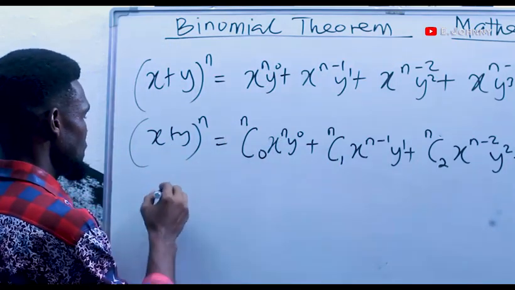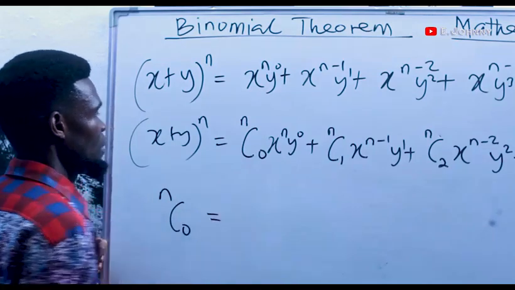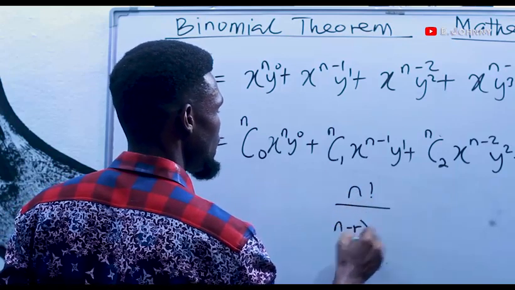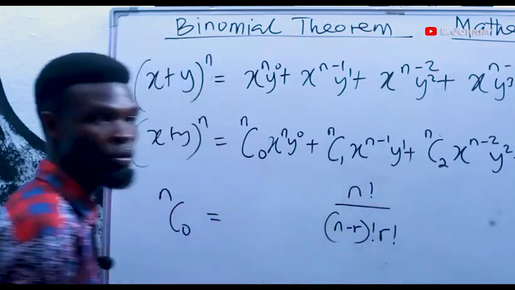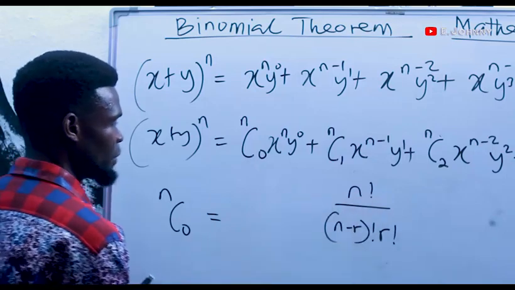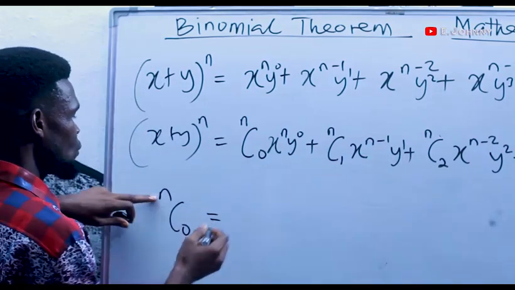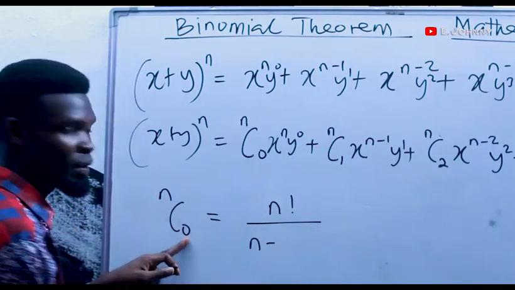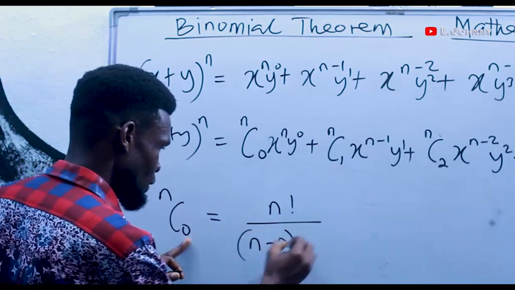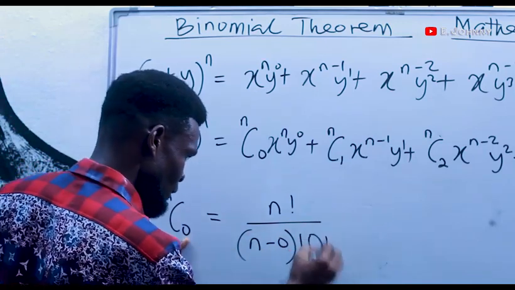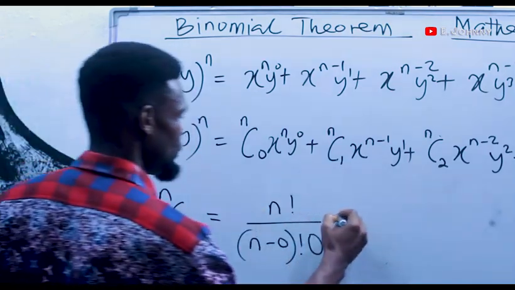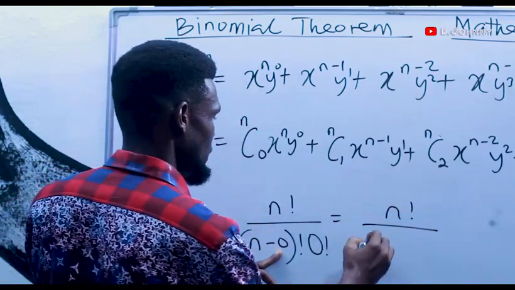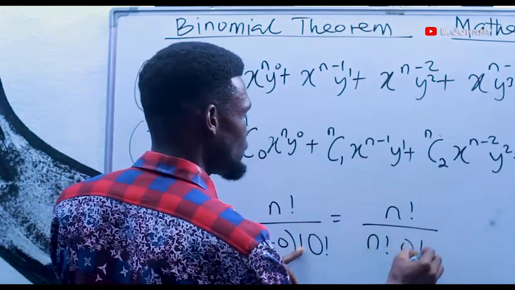So the first one is n combination 0, for which you have to use the formula n factorial over n minus r factorial, r factorial. Using that formula, this is n factorial over n minus 0 factorial, then 0 factorial, which equals n factorial over n factorial, 0 factorial.